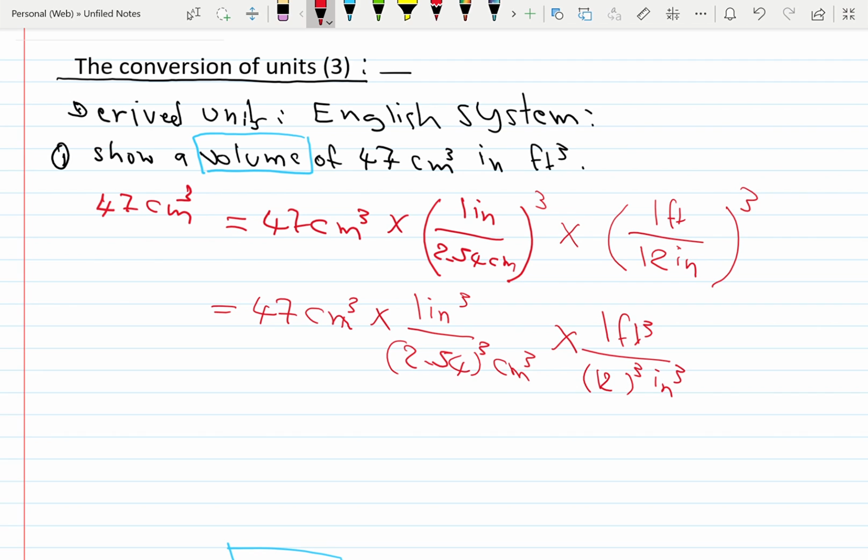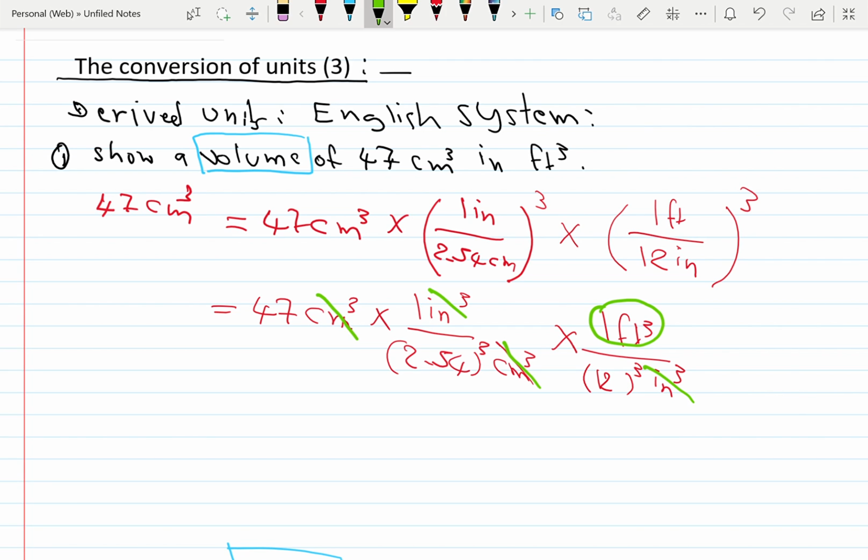Let me change the color so it will be more visible. The centimeter cubed will cancel the centimeter cubed. We have here inch cubed will cancel the inch cubed, so we remain with 1 foot cubed.